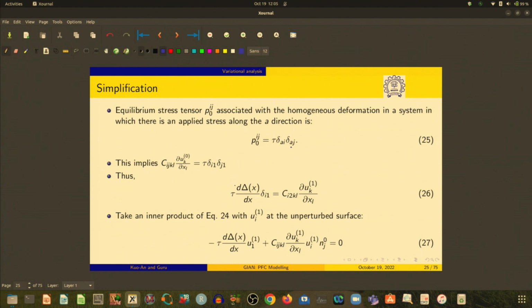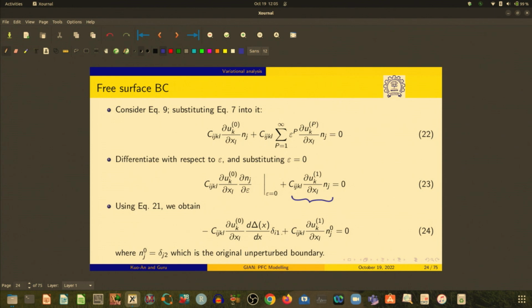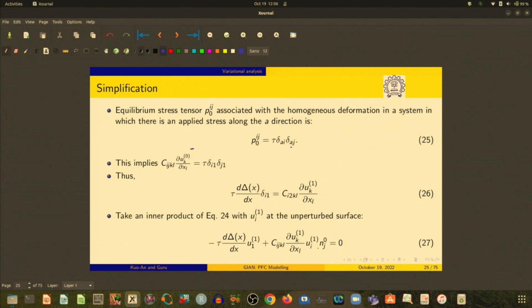So, you can substitute this kind of expression into the Cijkl dou uk 0 by dou xl by taking tau del I1 del j1, etc. So, the effect of all of that is to make all this as 1 1, okay. And then you have this term as is from the previous case, and then we take an inner product of this. So, there is another dot n, this one I am dotting with n again, okay.